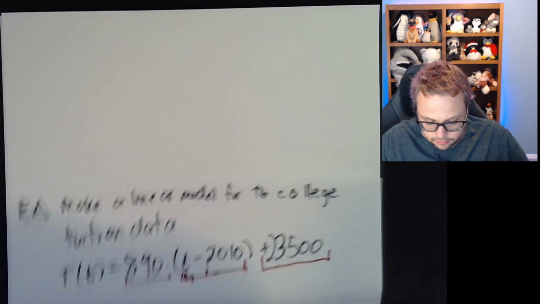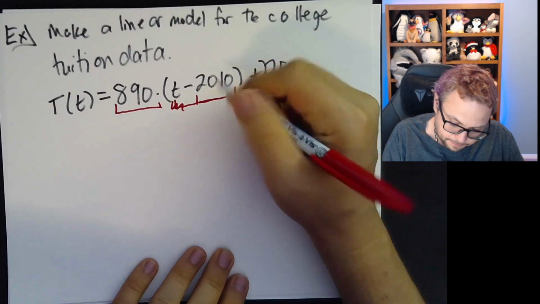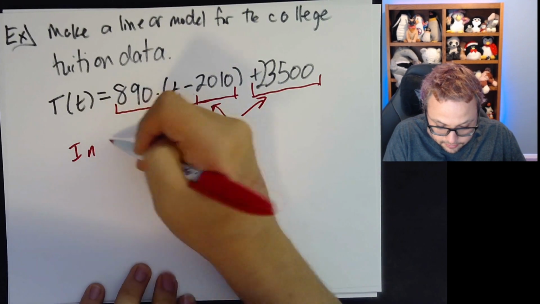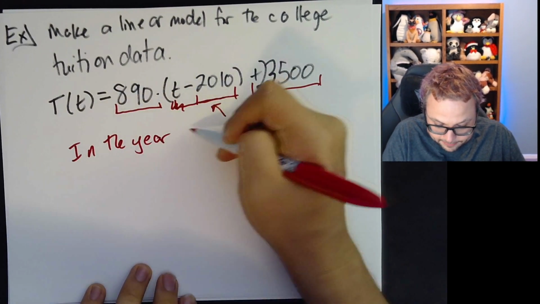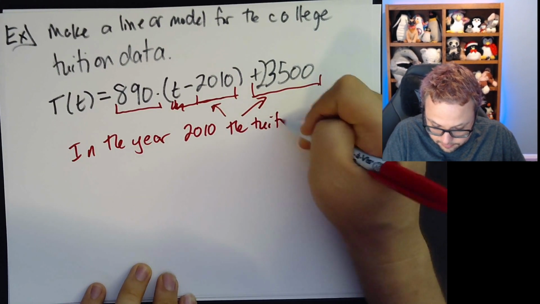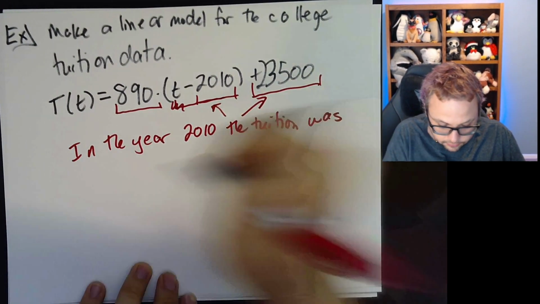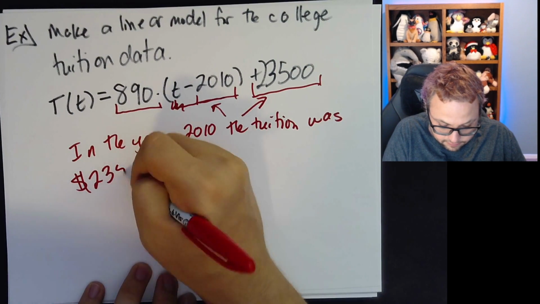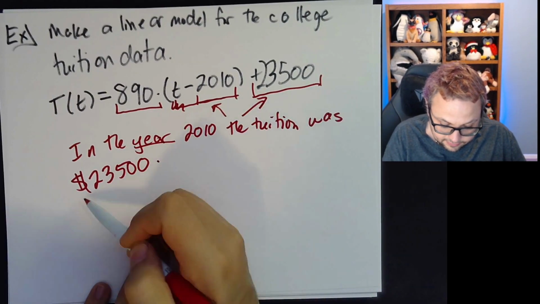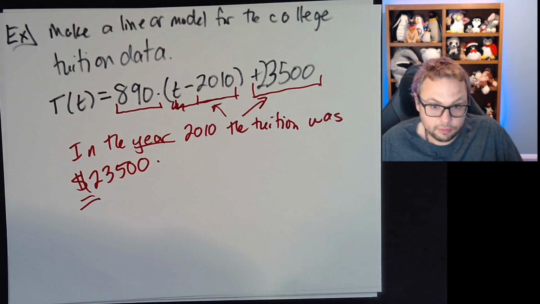So these two together are saying that in the year 2010, the tuition was $23,500. Okay, and notice this is a year, this is dollars, because that is how our data works.